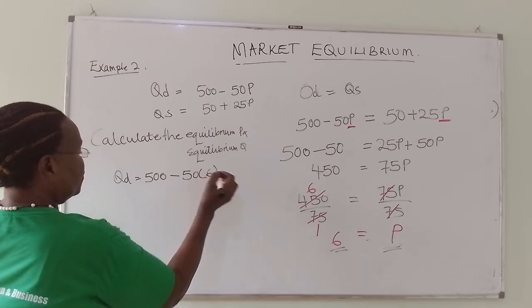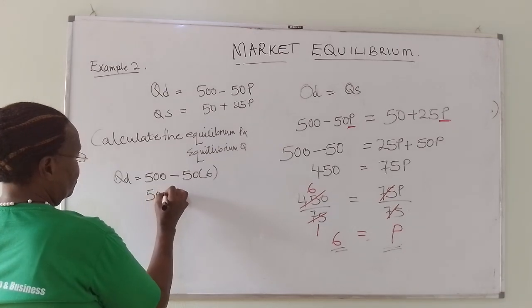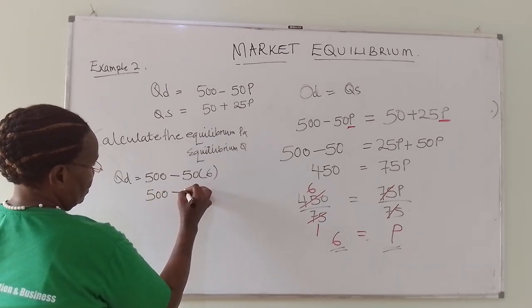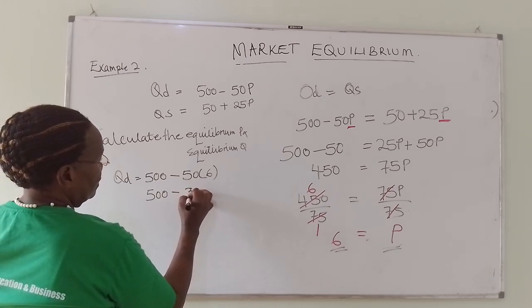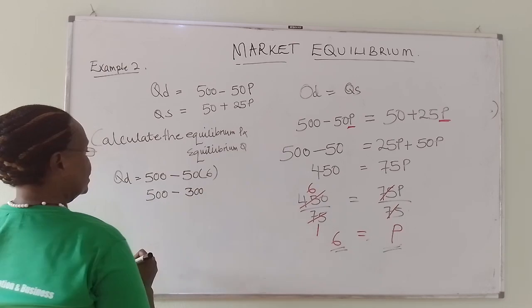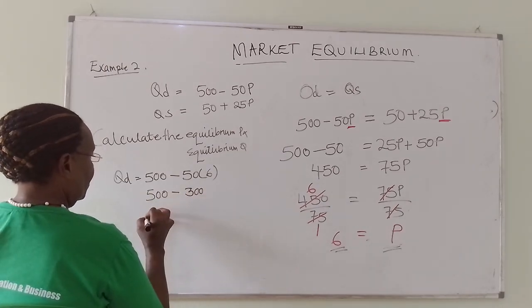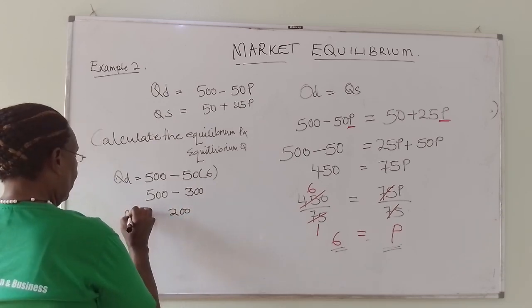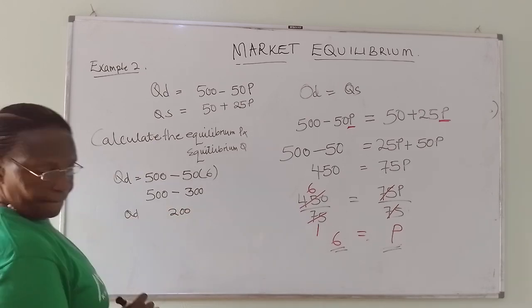So you multiply 50 by 6 and you find that it is going to be 500 minus 50 times 6, which is 300, and 500 minus 300, the value you get is going to be 200. So quantity demanded is 200.